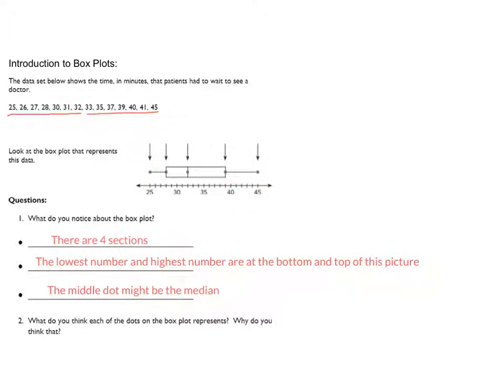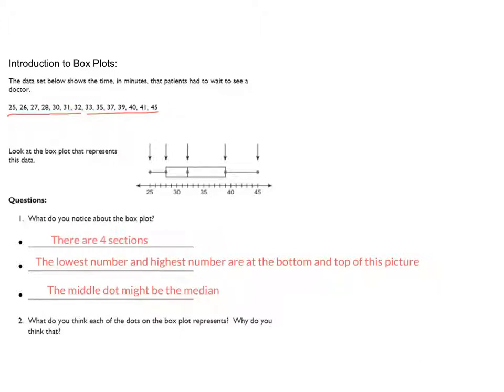So I think it's pretty clear that the bottom dot represents our smallest number. The top dot represents our highest number. The question is, what are these dots representing? Let me just ask you one question.